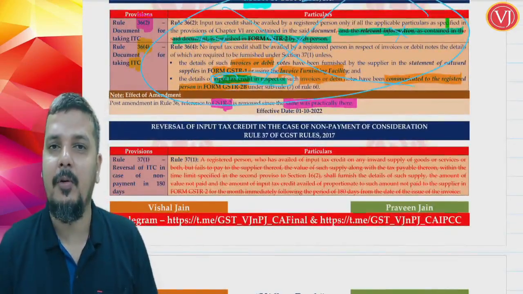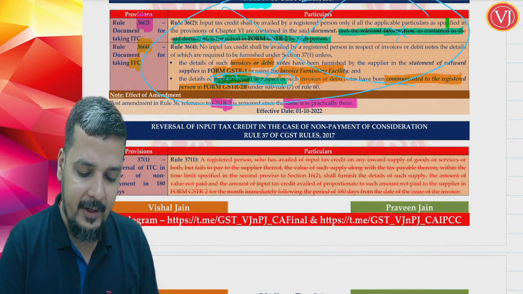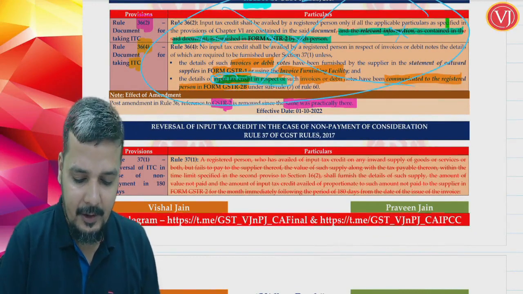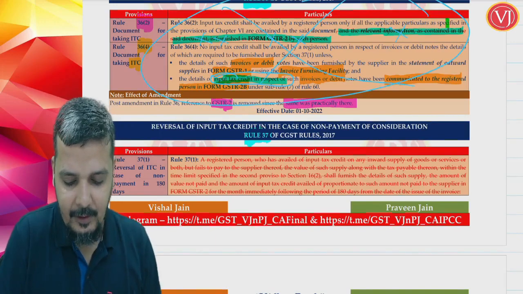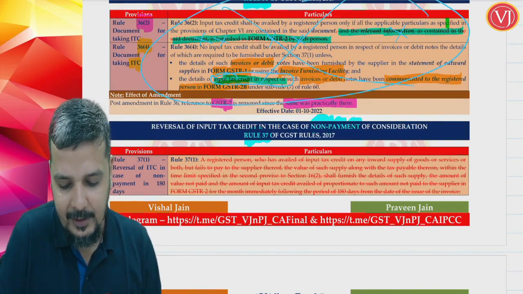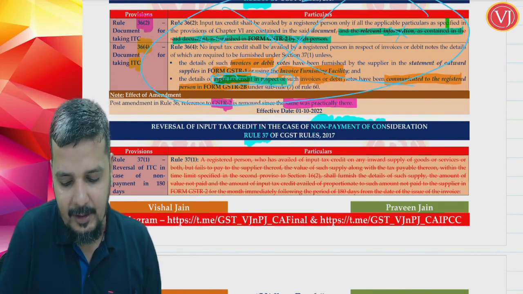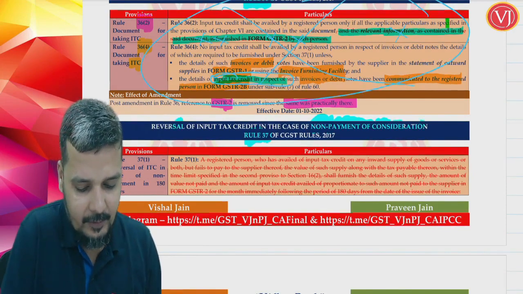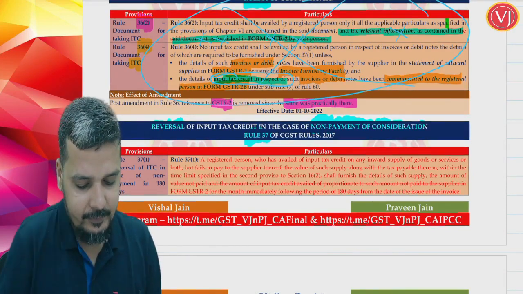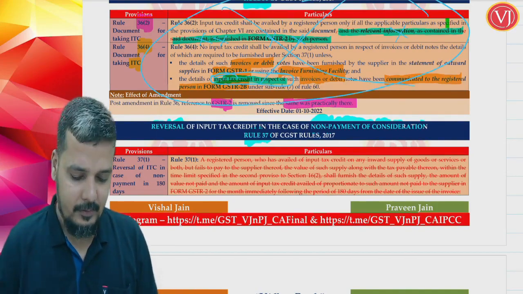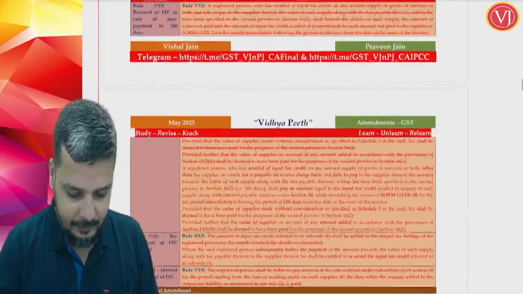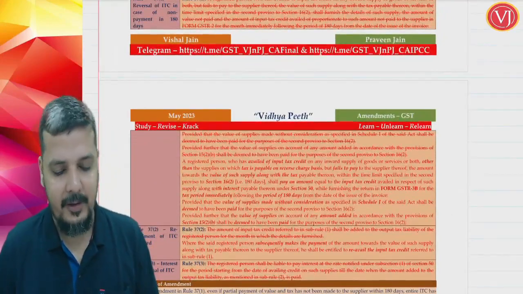Now next we are talking about rule 37. One of the conditions for taking input tax credit is given in rule 37, where it tells that if you are not making the payment to the supplier within a particular time, which is 180 days, you need to reverse your input tax credit. So for that particular rule, you will find that there is an entire replacement.